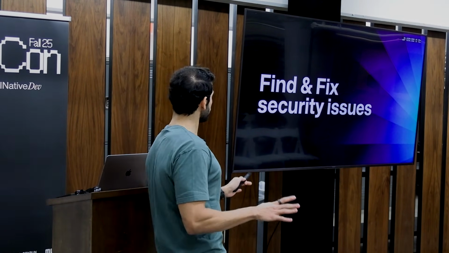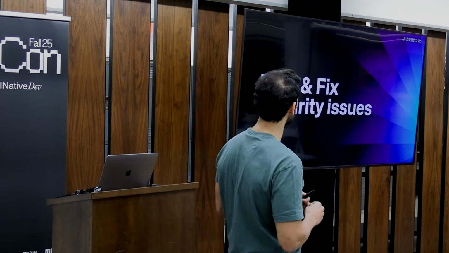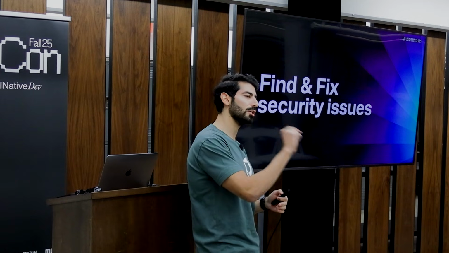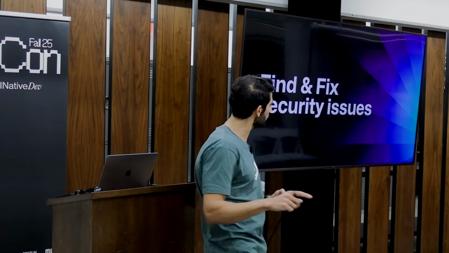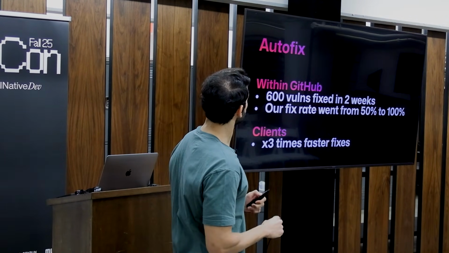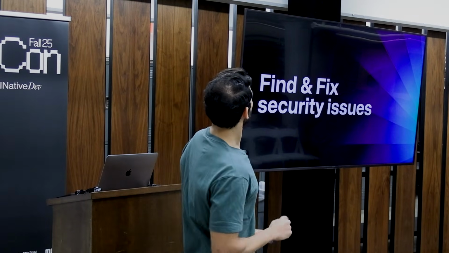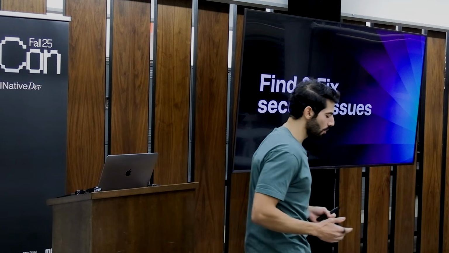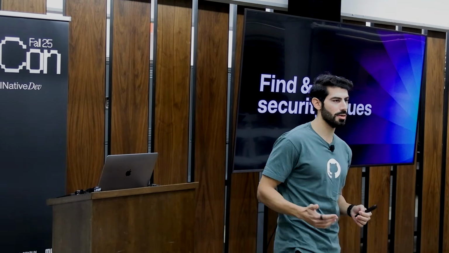One of the last topics of today is fixing security issues. As we said in the beginning, in cybersecurity, we don't have a detection problem, we have a fixing problem. In the past, let's go back. When you have found a problem, you know about it because maybe somebody hacked you, or you have penetration testers, or you have people reviewing code.